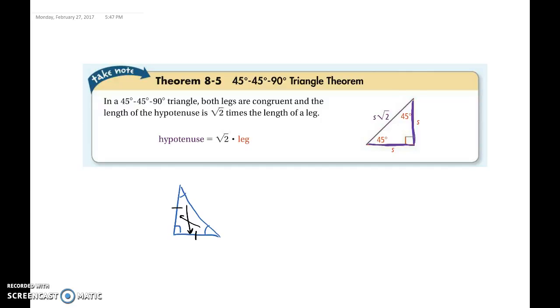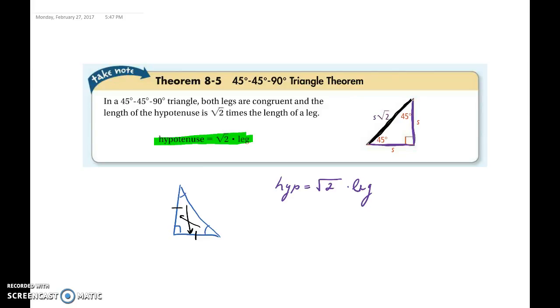And then our hypotenuse is equal to the leg times the square root of 2. All right, so this is just a formula that you're going to have to remember for 45, 45, 90 triangles. And I'm going to have you write it out whenever we're solving this, as you will write out hypotenuse is equal to the square root of 2 times your leg. And then whatever you're given, you can solve for the other one.